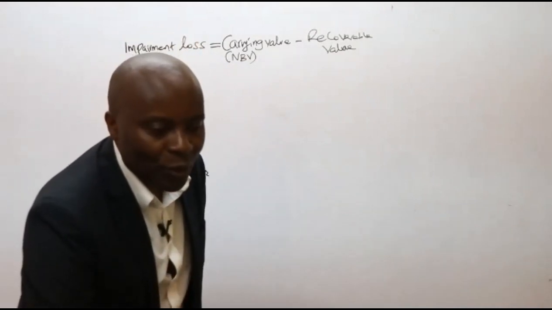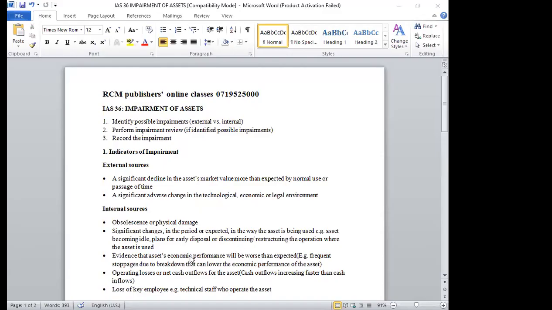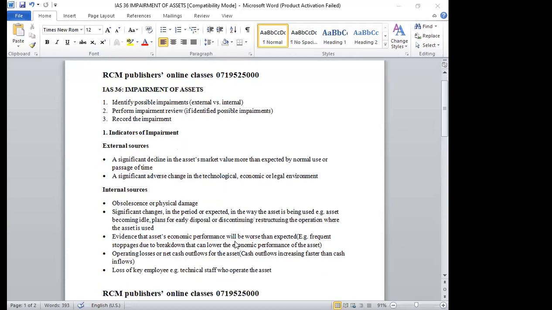Right? So we have here plans for early disposal or discontinuing, restructuring the operation where the asset is used, evidence that the asset's economic performance will be worse off than expected, e.g. frequent stoppages due to breakdowns that can lower the economic performance of the asset.